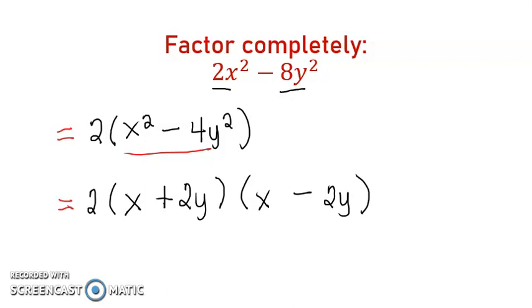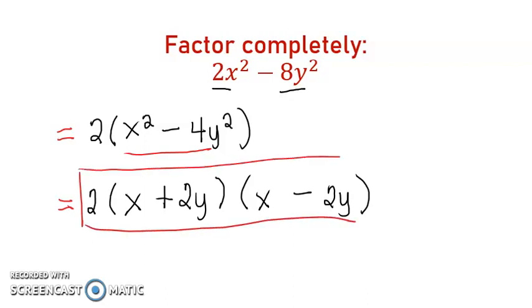And the result must be equal to our given, which is 2x squared minus 8y squared. So this will be our factors for the given polynomial. Okay, so that's how we factor completely a polynomial given that the polynomial is a difference of two squares. Okay, thank you.